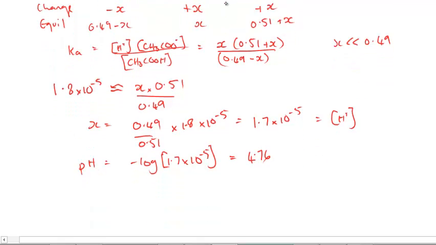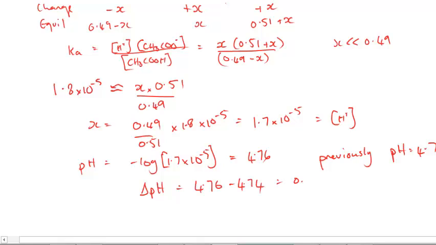Now, if you remember from our previous calculation, when we hadn't added any of the hydroxide, we had a pH of 4.74. So this addition of hydroxide has changed the pH by only 0.02. So the change in pH is 4.76 minus 4.74, which is 0.02.